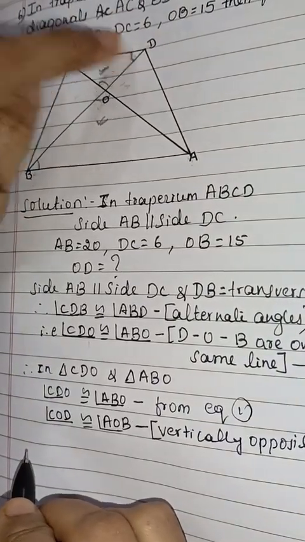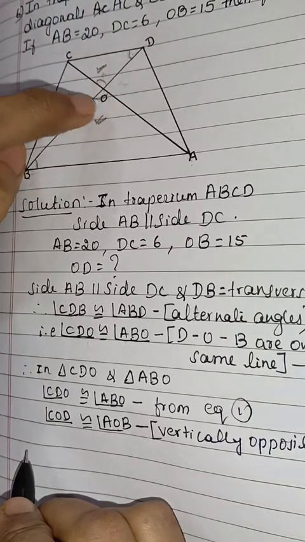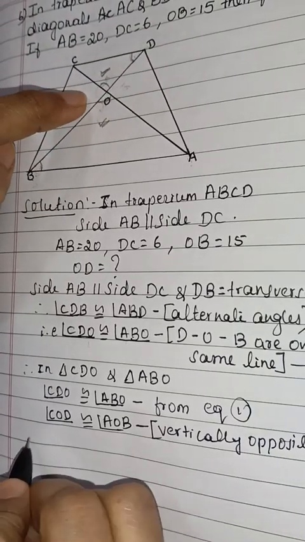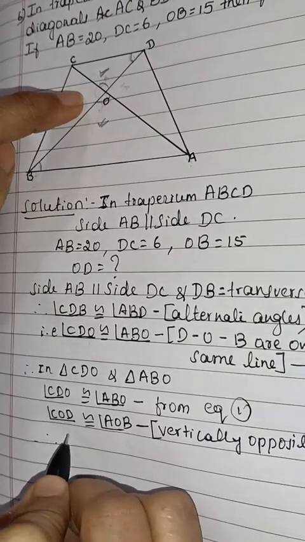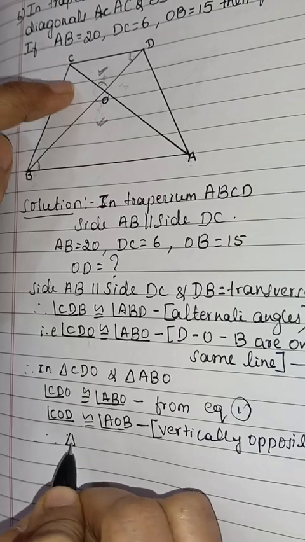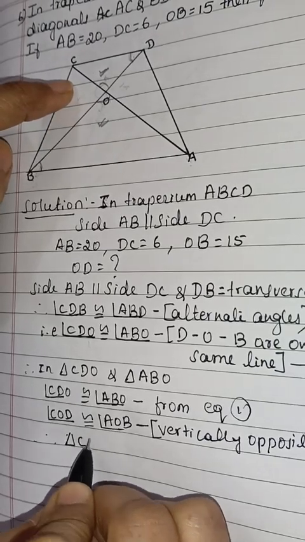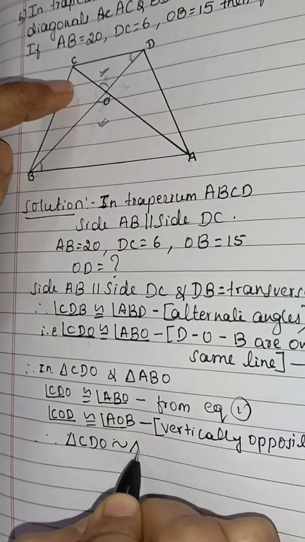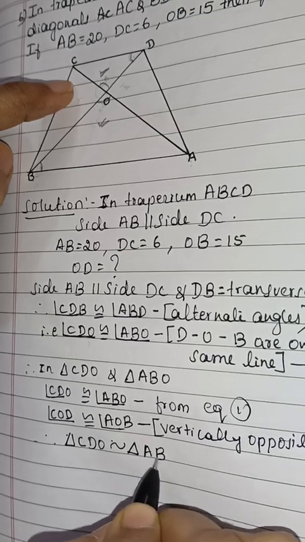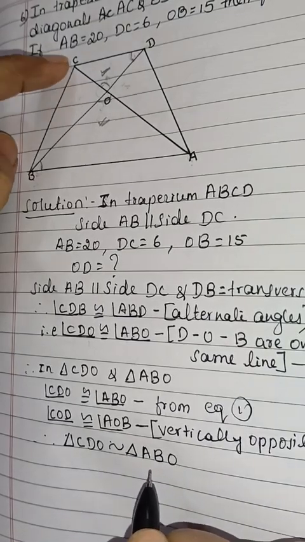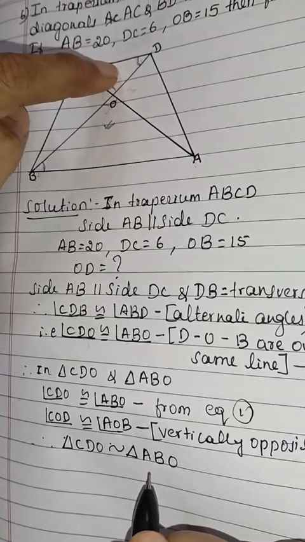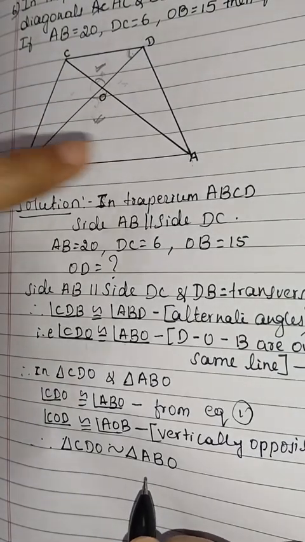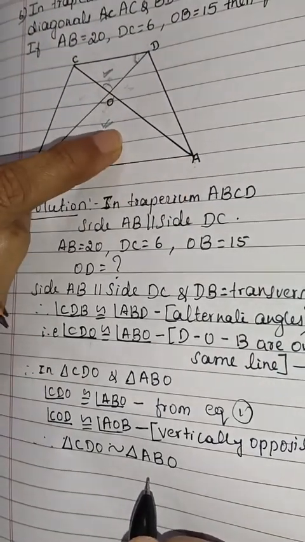This angle is congruent to this angle, and this angle is congruent to this angle. Therefore, triangle CDO is similar to triangle ABO.